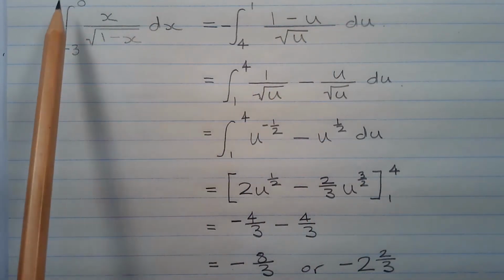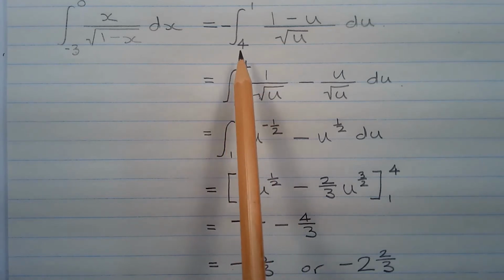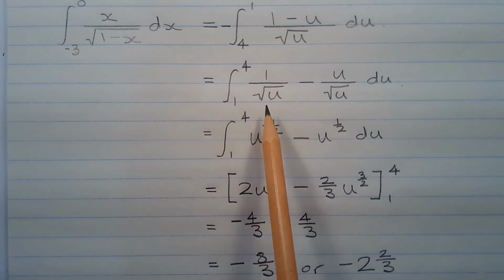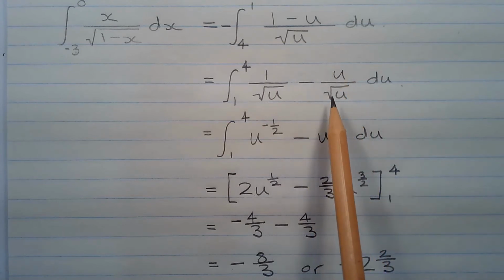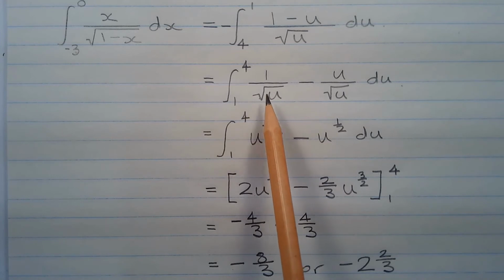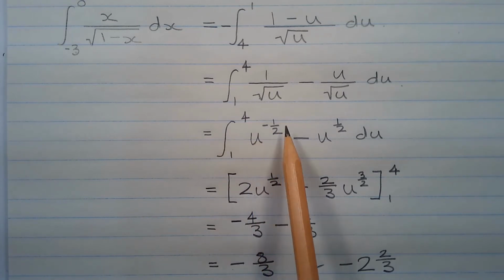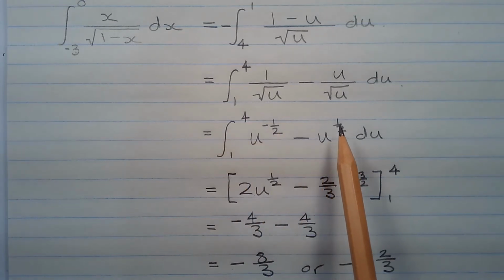So this integral here now is equal to the integral from u equals 1 to 4 of 1 over the square root of u minus u over the square root of u du. And expressing the surds in index form, that equals the integral from u equals 1 to u equals 4 of u to the power of negative half minus u to the power of half du.